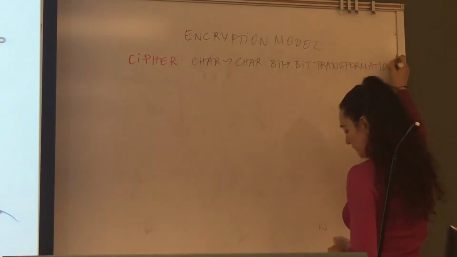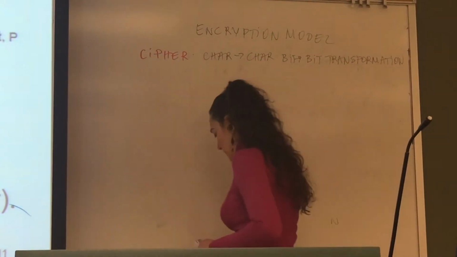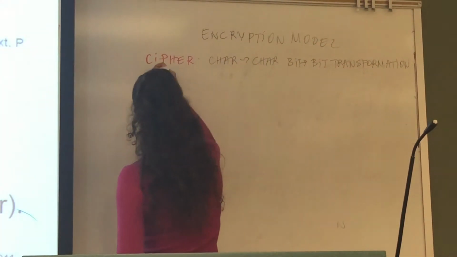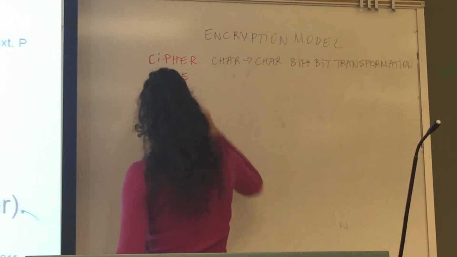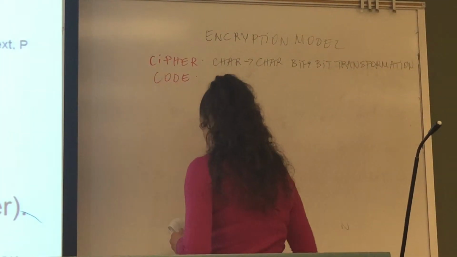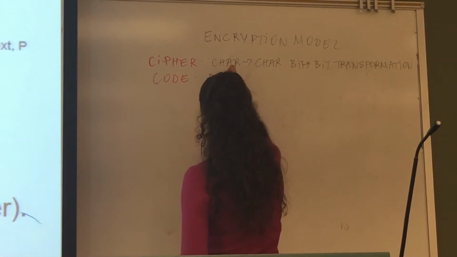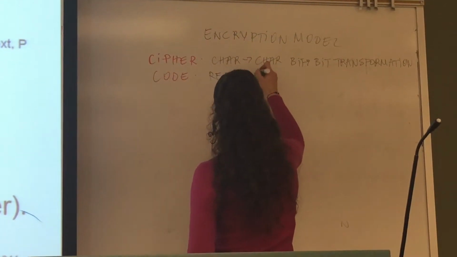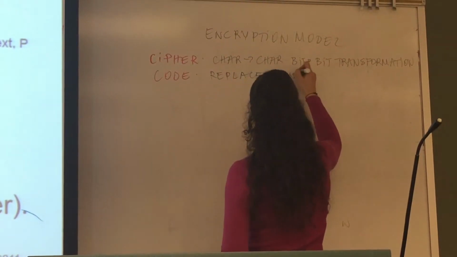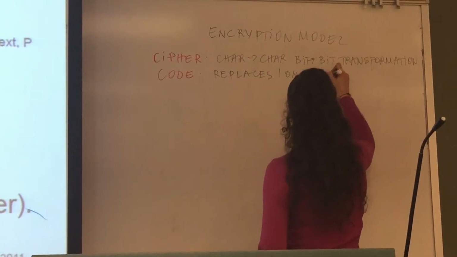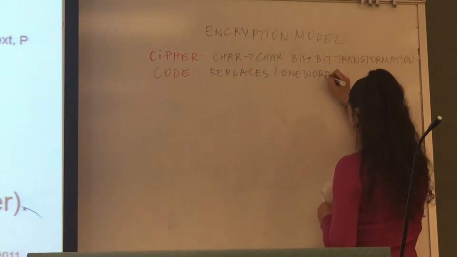We also have a code. A code is different from a cipher because it replaces one word with another word, or symbol.